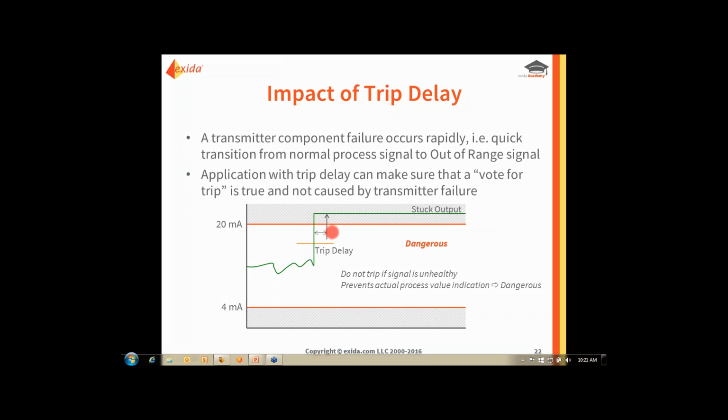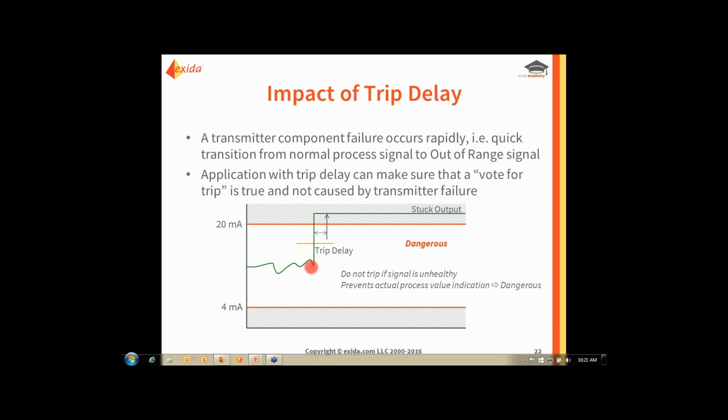If we implement a trip delay, we're basically doing that, or at least for one of the reasons that we're doing that, to make sure that that transmitter signal is indeed indicating that we really need to trip. Is that value really greater than our high trip point?